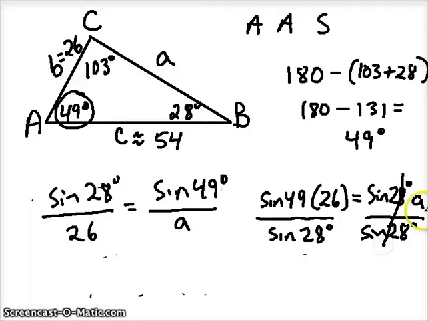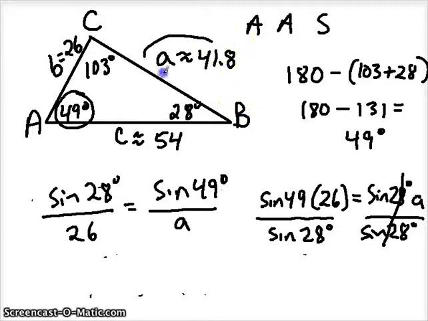So this will go away and allow us to solve for A. If you find the decimal value of sine of 49 times 26 and divide that value by the sine of 28 decimal value, you get the value of A. And on my calculator, it tells me that it's about 41.8.